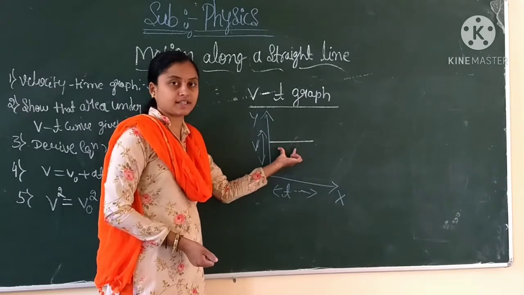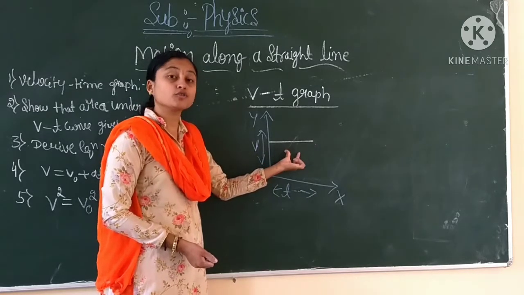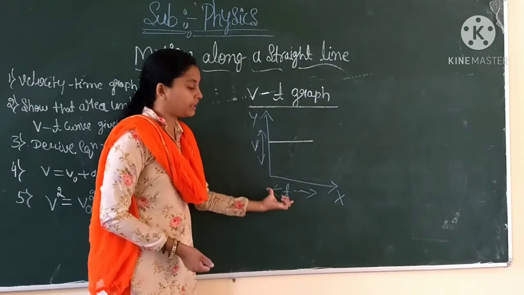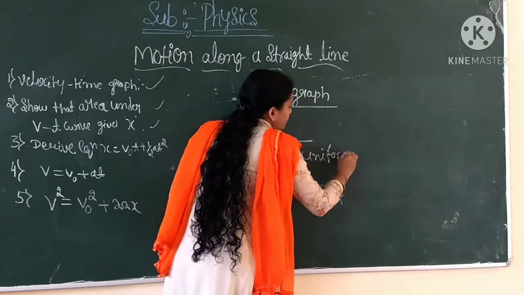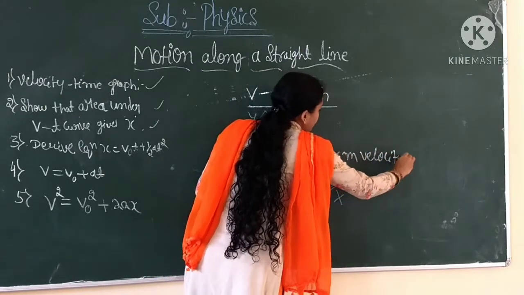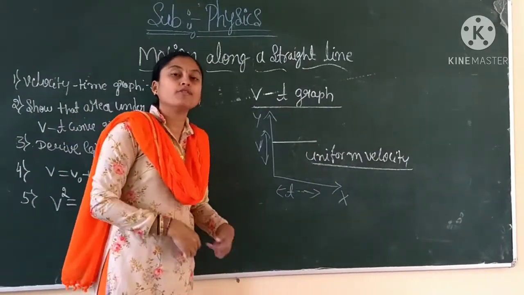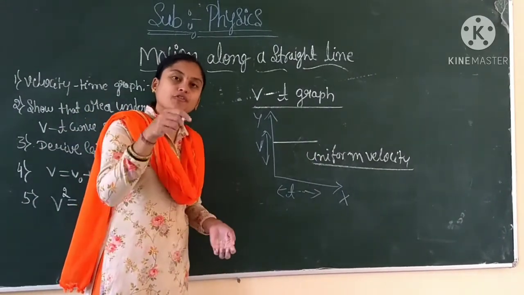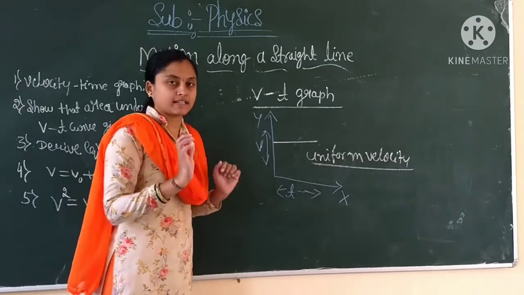This is the representation of the motion of the particle along uniform velocity in the VT graph. This is the uniform velocity. Okay.